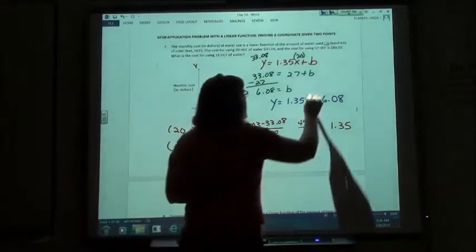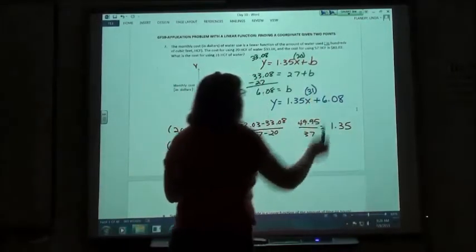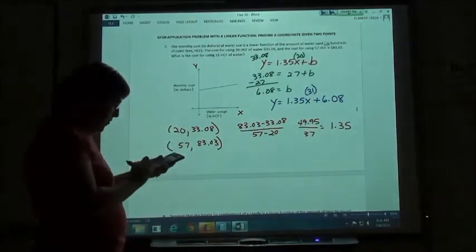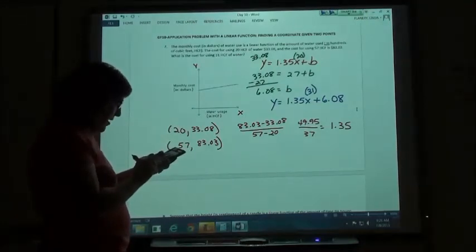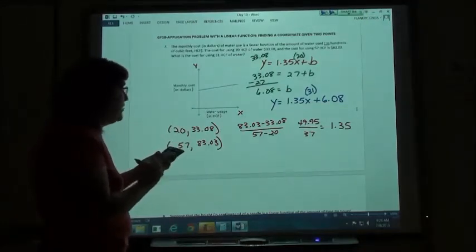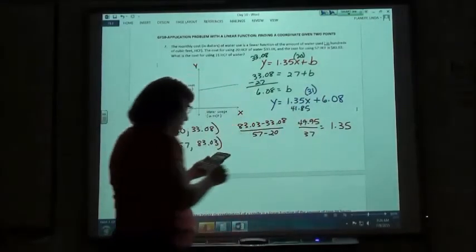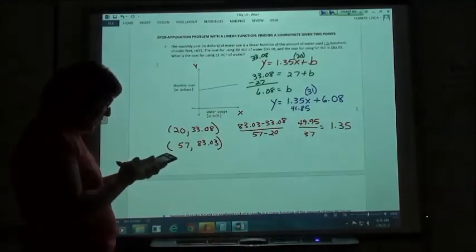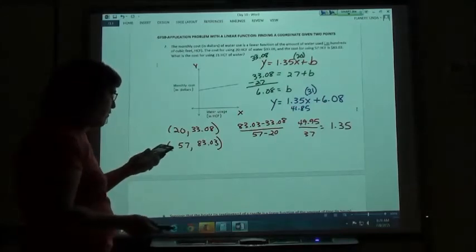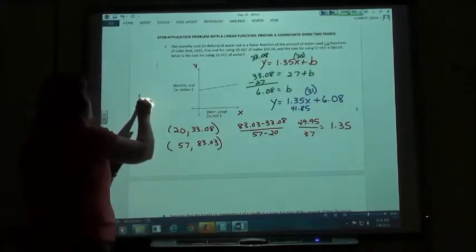I'm now going to substitute in the 31 for my x so that I can find out what the cost is. So if I put the 31 in there, 1.35 times my 31 is 41.85. 41.85 plus my 6.08 is going to be $47.93.